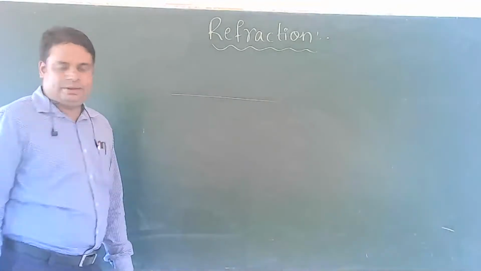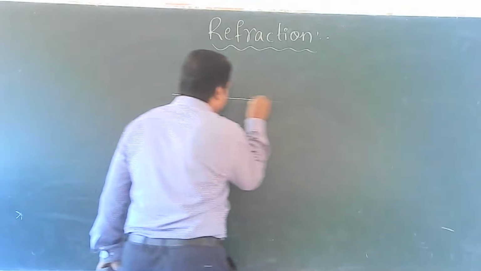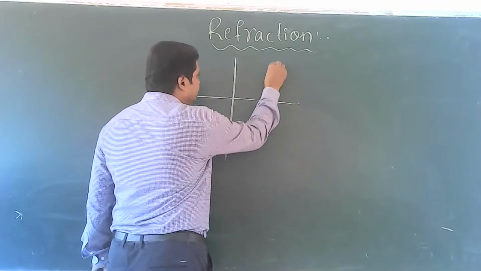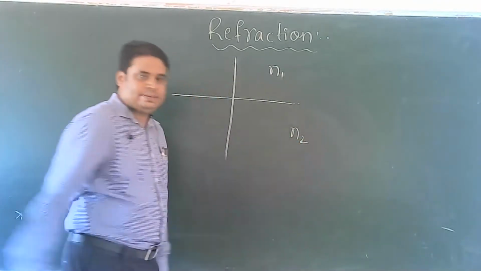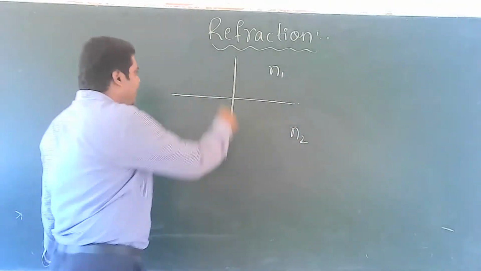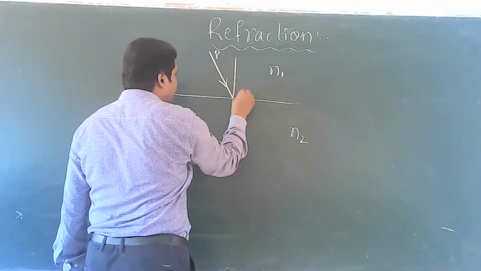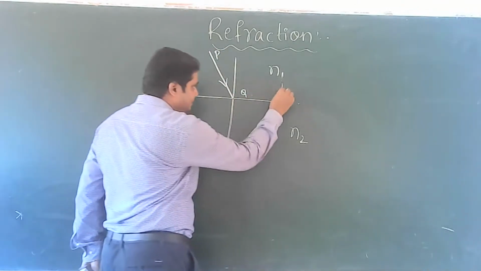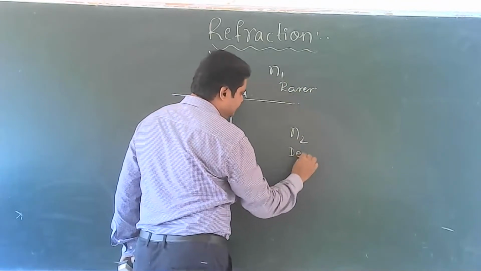Let us consider an interface separating two media, say rarer of refractive index n1, denser of refractive index n2. A ray of light is incident, say PQ, and we have already declared this as rarer and this as denser.